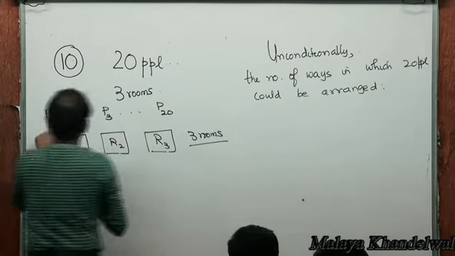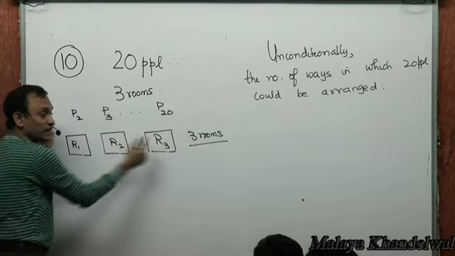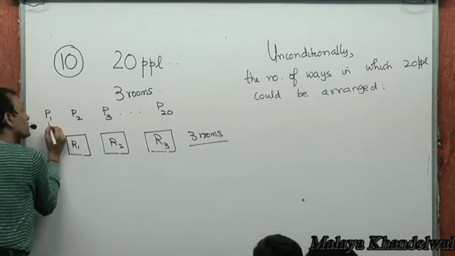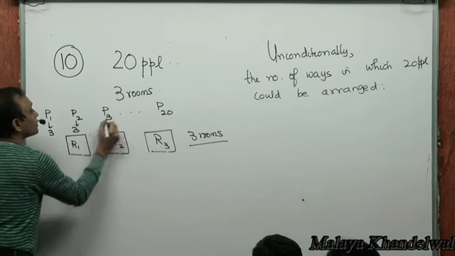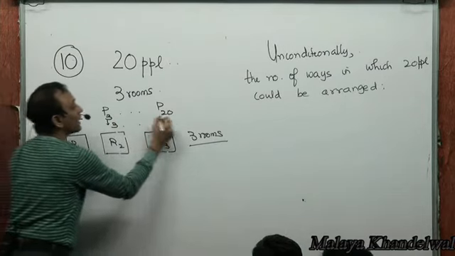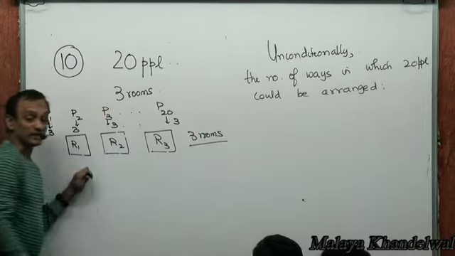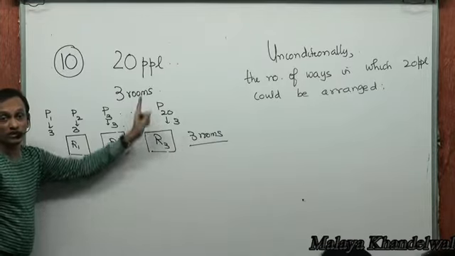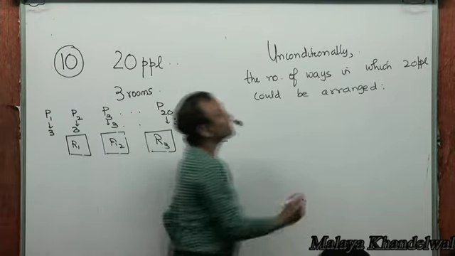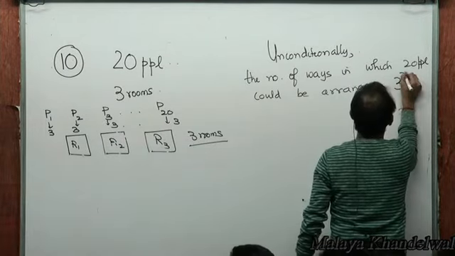Right. Each person could be accommodated in any one of the 3 rooms. So there are 3 ways of dealing with P1, 3 ways of dealing with P2, 3 ways of dealing with P3, and 3 ways of dealing with P20 if there was no condition. P1 could go to any one of the 3 rooms, P2 any one of the 3 rooms, P20 any one of the 3 rooms. That means this is 3 to the power 20.